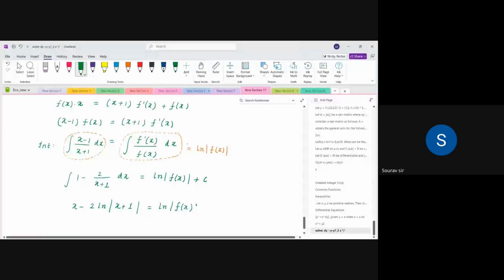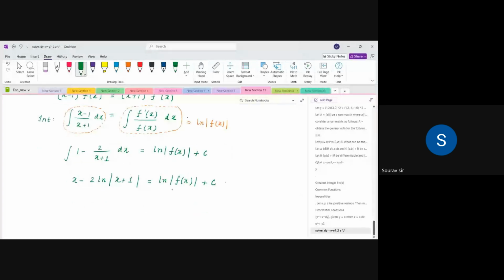So this will become x minus 2 times log mod (x plus 1) is equal to log of mod f(x) plus c. Correct? So I can write this as some log c, that's fine.